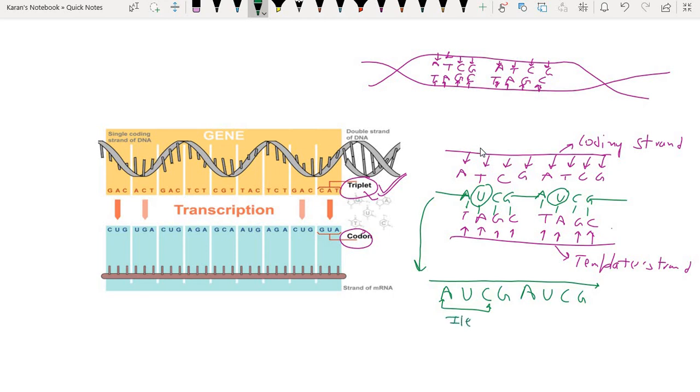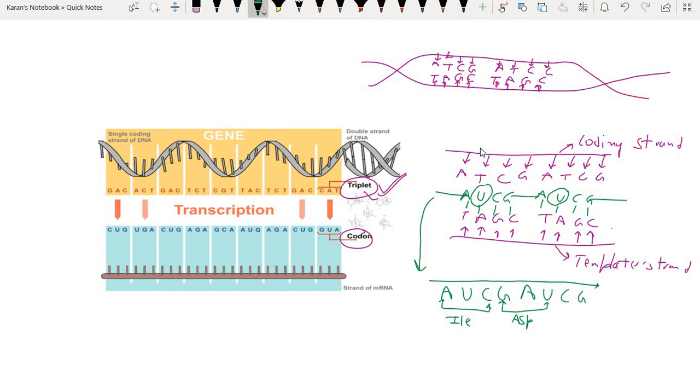I'm writing it as ILE. GAU is coding for the amino acid aspartic acid, ASP, right? So this is how the RNA is being formed, and the codons help in the process of synthesis of proteins, right? But this comes under the process of translation that we will discuss in the lecture of translation.